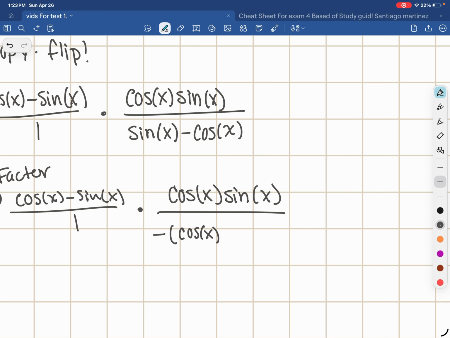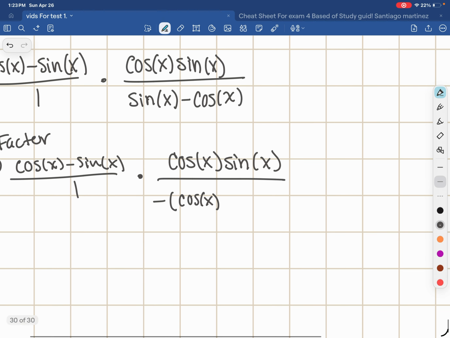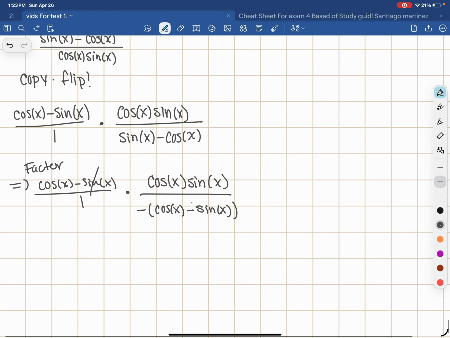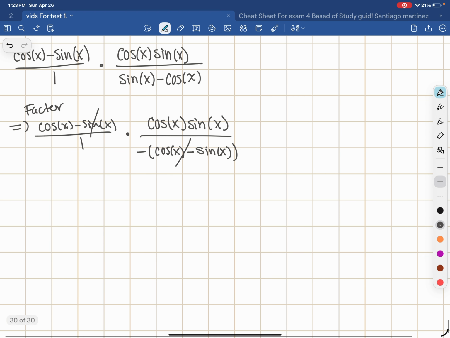It would first be negative sine plus cosine of x, but now we can rewrite it as sine of x minus cosine of x. We factor that out, and then these two can cancel out, and then we just multiply across.